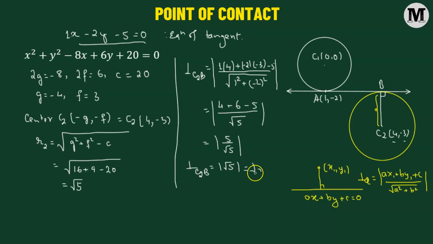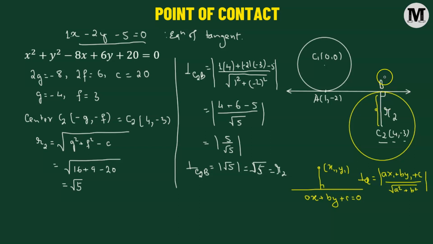We'll take the positive value to get square root of 5. Now this is exactly equal to the radius R2, which tells us that indeed the line whose equation is x minus 2y minus 5 equals 0 is also going to be a tangent to the circle with center C2 at point B.